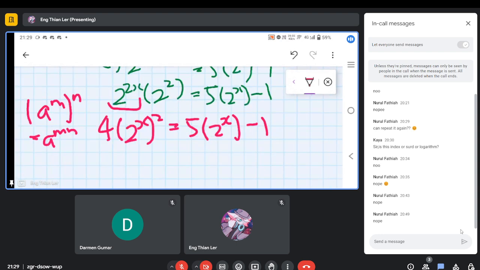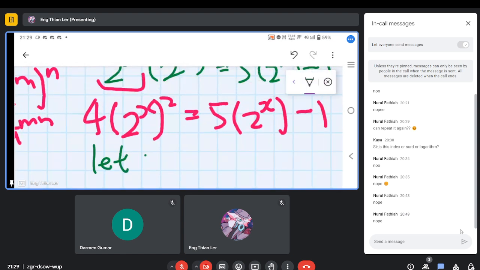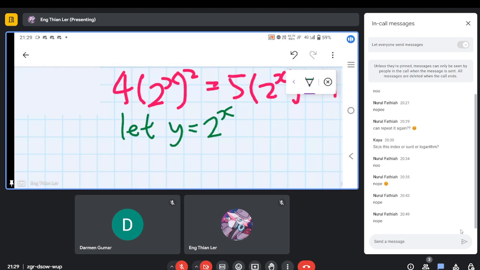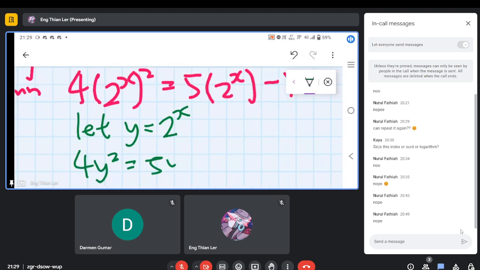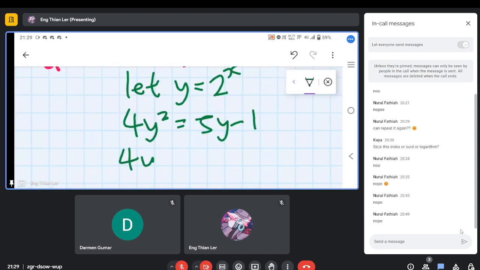I hope you see where everything goes. So now we're going to let again, y equal to 2 to the power x. So y squared equal to 5y minus 1. Oh, again a quadratic equation. So plus 1 equal to 0, make it general form.